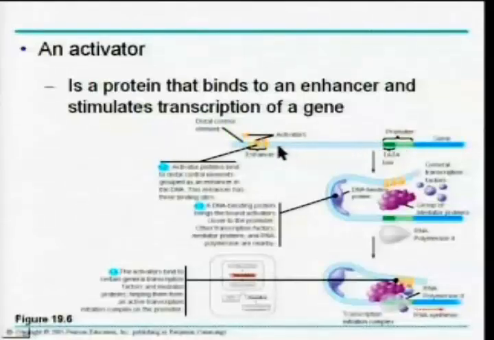And then way upstream is the distal control element, an enhancer, 3 little gold bars there, and the activators, proteins that can bind to that. So activator proteins, number 1 here, bind to distal control elements grouped as an enhancer in the DNA. This enhancer has 3 binding sites.